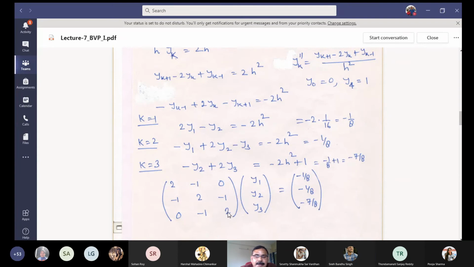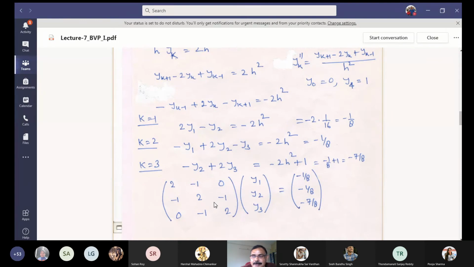Yes, sir. Then just you see the upper diagonal ones, -1, -1. Right? Yes, sir. Lower diagonal, -1, -1. So it has 3 diagonals: one is the main diagonal, and then one upper diagonal and one lower diagonal.